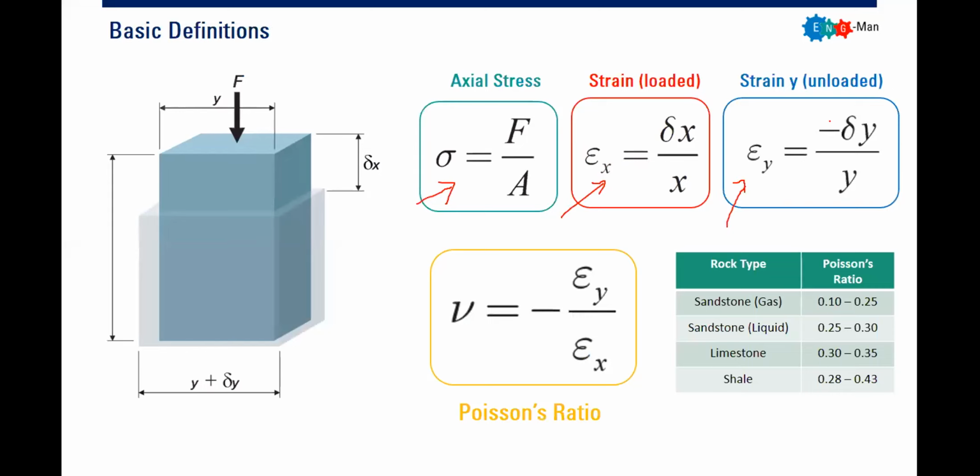We can calculate this one, and we can get a very important parameter, which is the Poisson ratio. Poisson ratio is minus epsilon y divided by epsilon x. All right, epsilon y you can get from this one, and epsilon x you can get from this one.